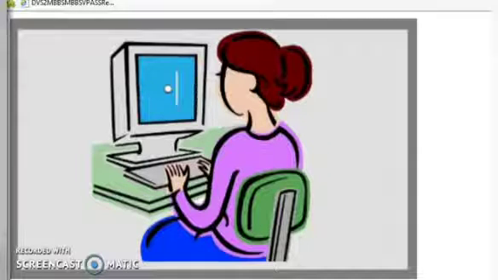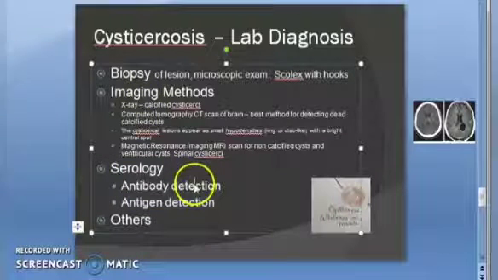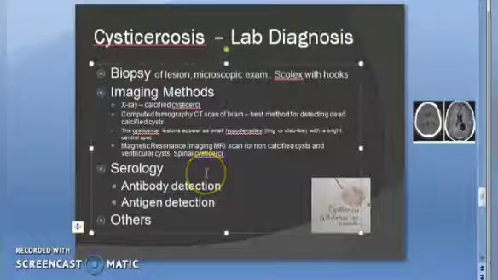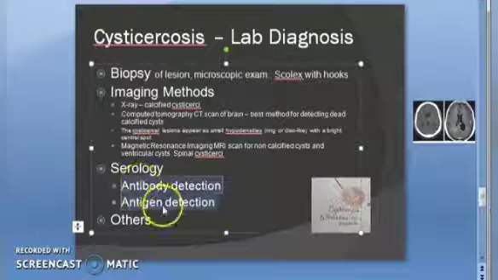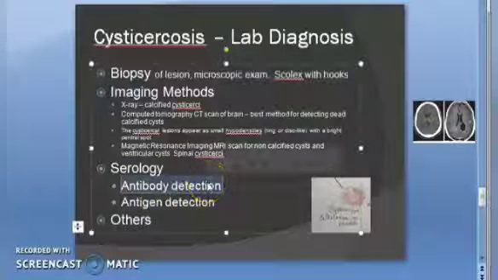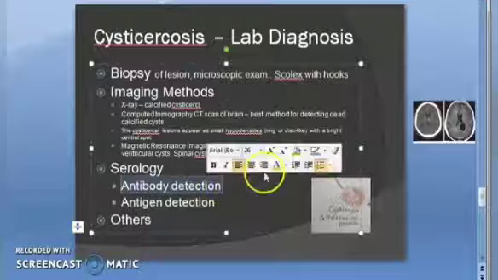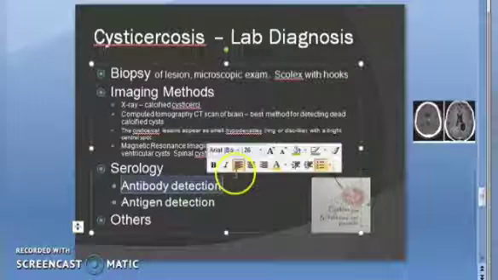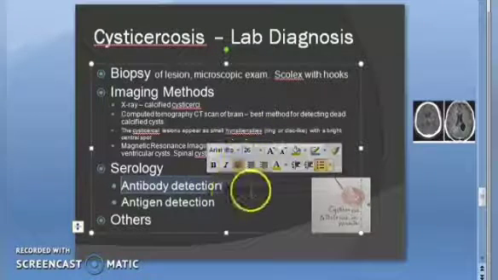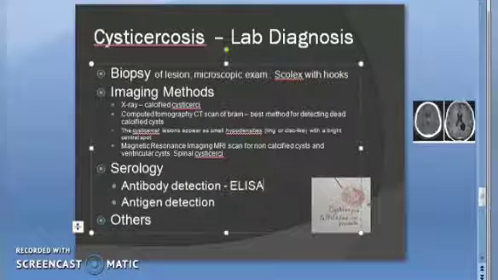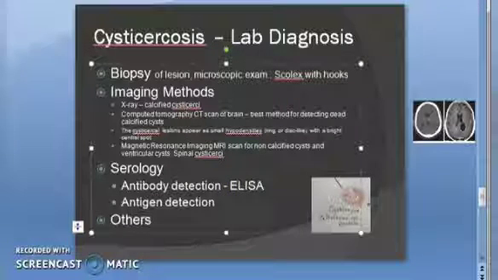Okay, right? So let us look at the serology, the antibody detection. Antibody detection, antigen detection, both they wrote in serology. So here again you have ELISA. What else will they write? Always the same thing. ELISA, enzyme linked immunosorbent assay.